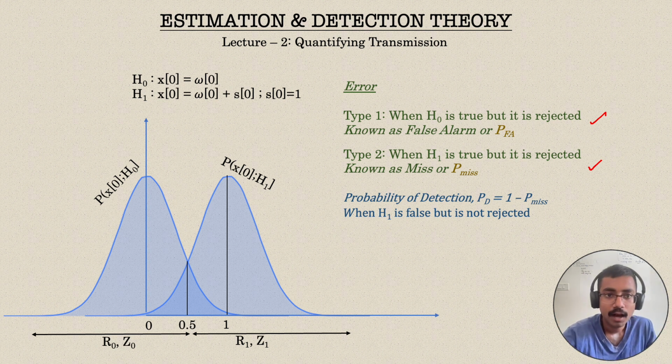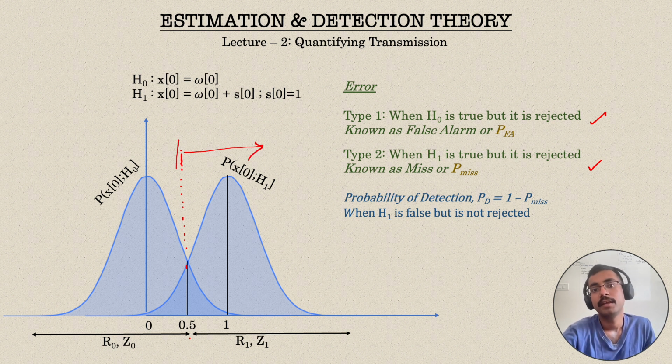So you see, if this is our decision boundary, we can say mostly that there is a probability that here we have hypothesis H1. This PDF, this probability distribution function, is representative of the observation under hypothesis H1. So we can say with a fair grade of certainty that we have the signal being sent here.